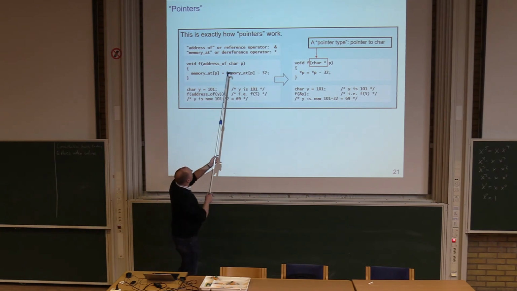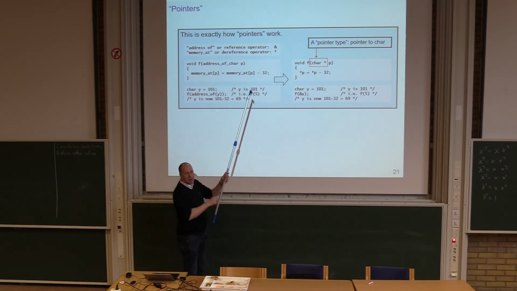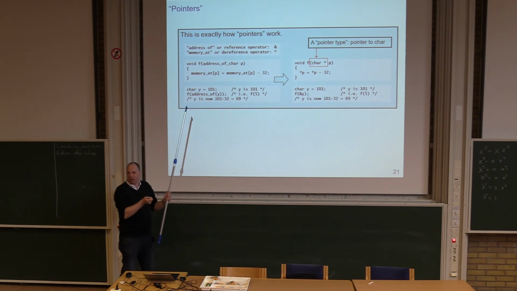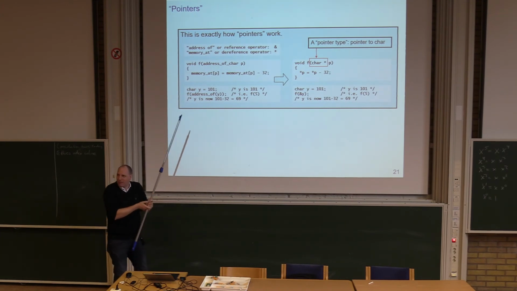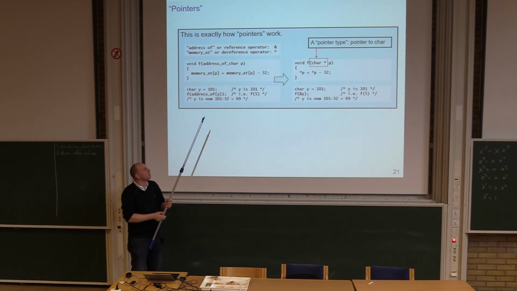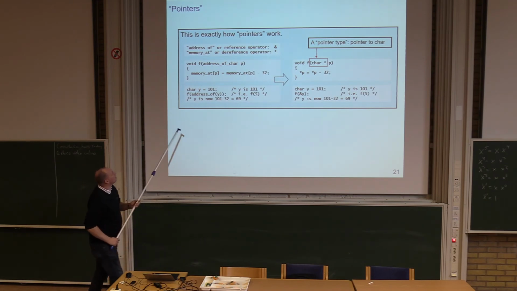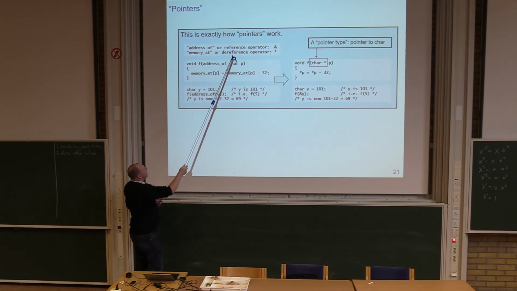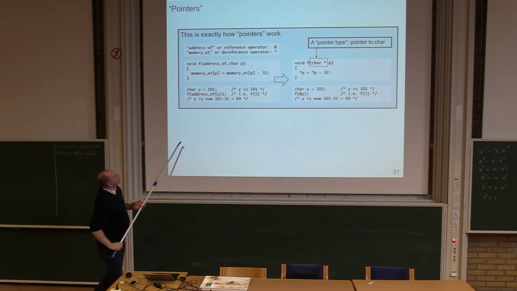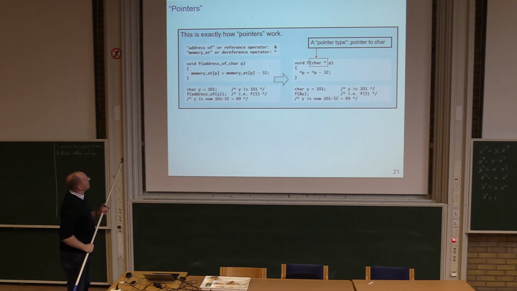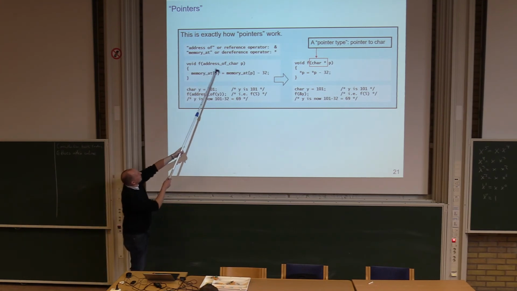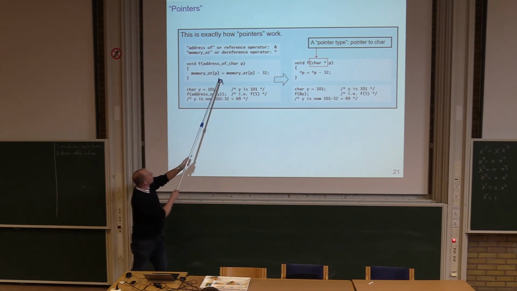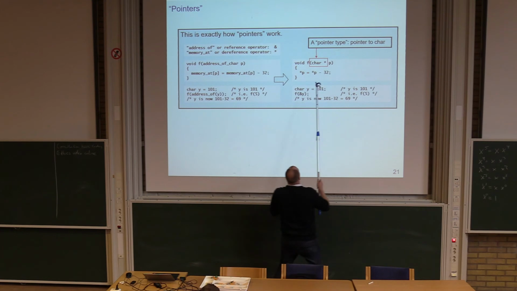And in the same way, if we have an address and we put a star before the variable containing an address, then we will get the value at that address. So ampersand is called the reference operator, and star is the dereference operator. You don't actually write it like what we did on the previous slide, but instead you write it in this way.